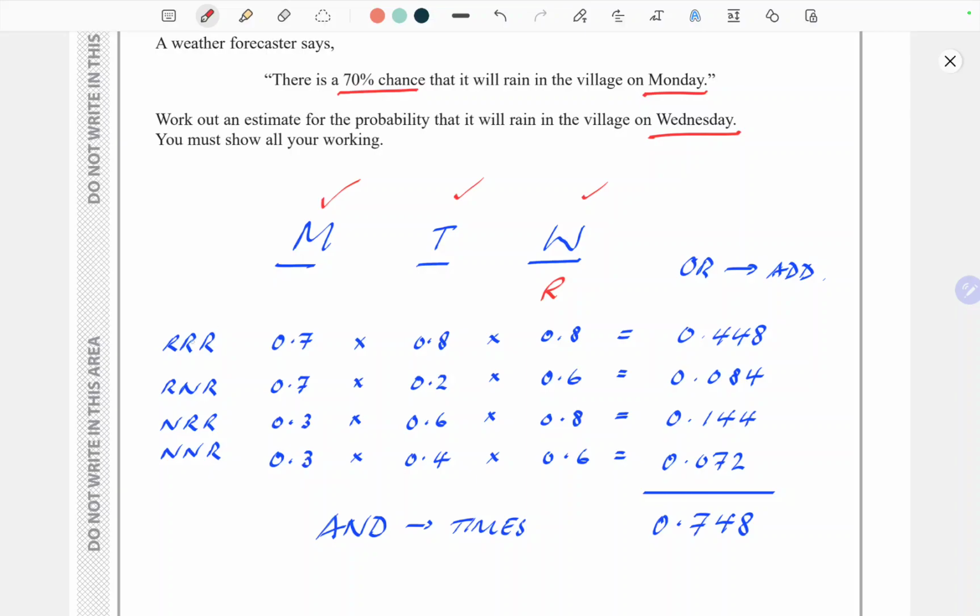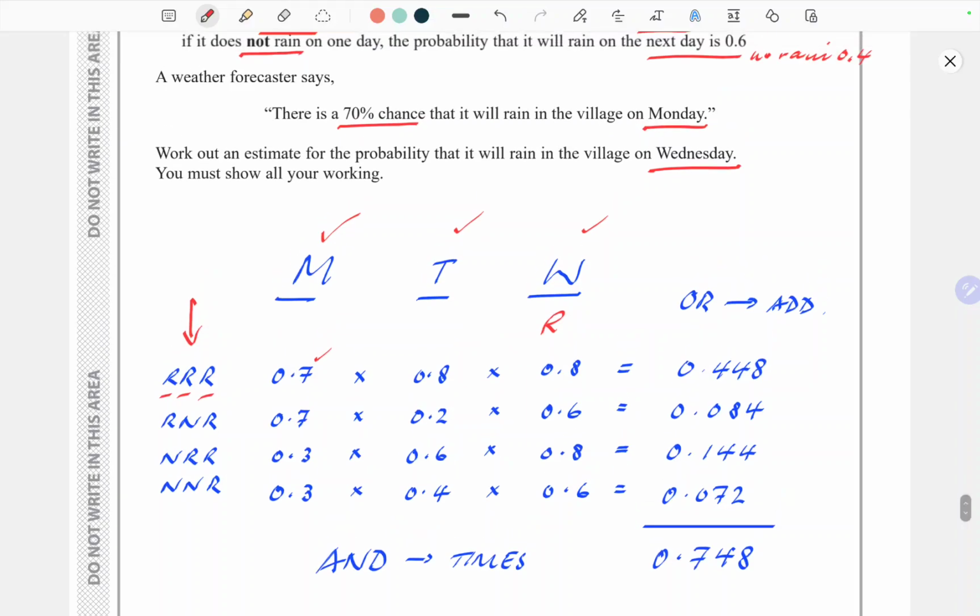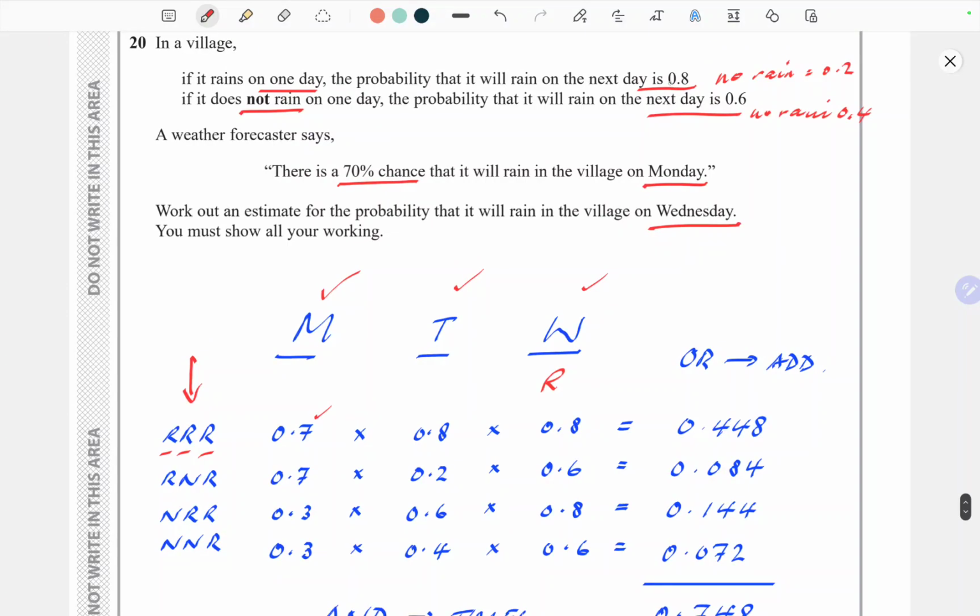So what I've done here is put in the different combinations. First one, I've put rain, rain, and rain. Monday raining 70%, so 0.7. If it rains on Monday, remember the condition we had, that if it rains one day, the probability of rain the next day is 0.8. So if it rains on Monday, the probability of rain on Tuesday is 0.8.